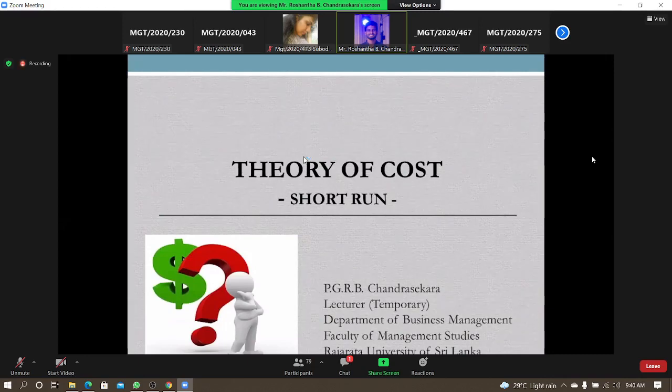We identified the place where the producer can use only one variable input with fixed inputs is the short run, because some factors cannot be changed in the short run, right? That is short run production.